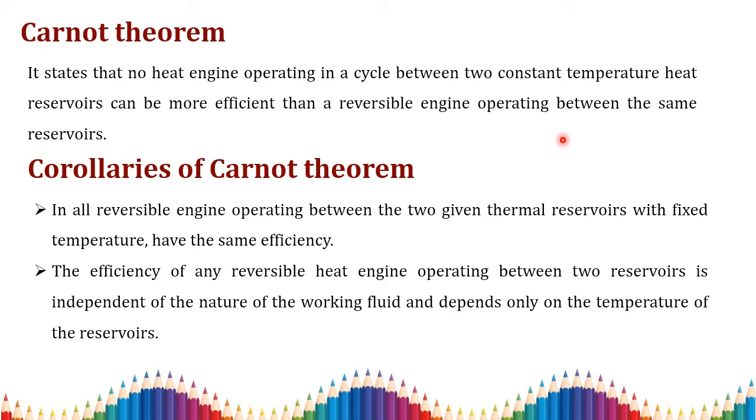First, all reversible engines operating between two given thermal reservoirs at fixed temperatures have the same efficiency. Second, the efficiency of any reversible heat engine operating between two reservoirs is independent of the working fluid. It does not depend on the working fluid of the system, only on the temperatures of the reservoirs.